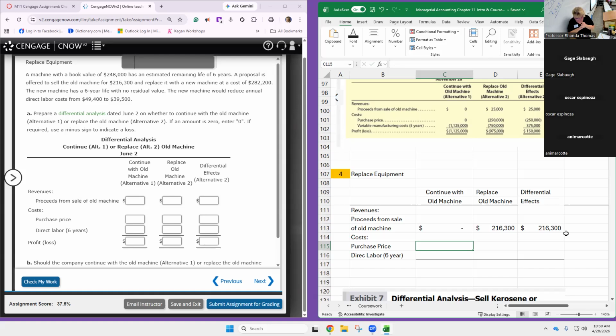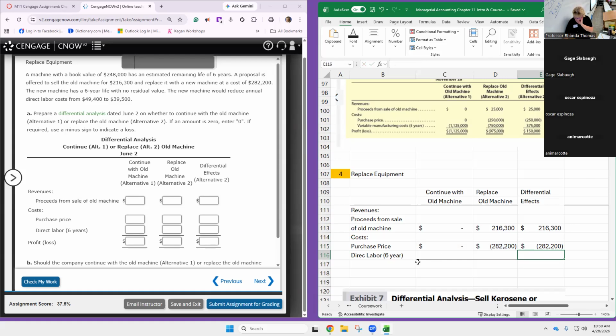The purchase price: there is no purchase price if we continue with the old machine, but the new machine is going to go in as a negative 282,200. So this one is replace minus continue, so it's in there as a negative.